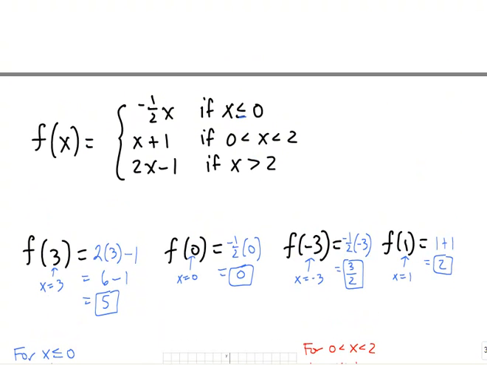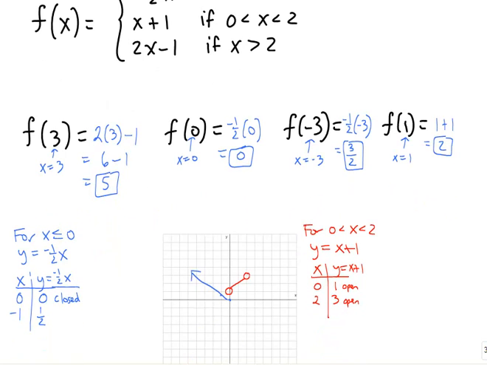Okay? For the last one here, we have the x greater than 2, and we want to graph that for 2x minus 1. So I'm going to do a third table for x's greater than 2. So for x is greater than 2, the rule is going to be y equals 2x minus 1.